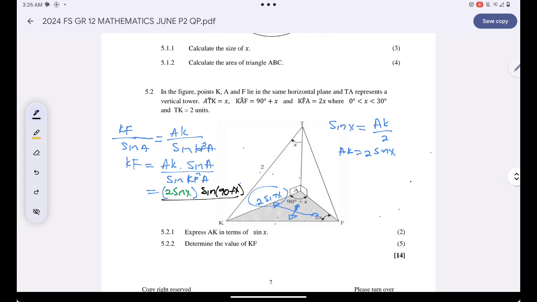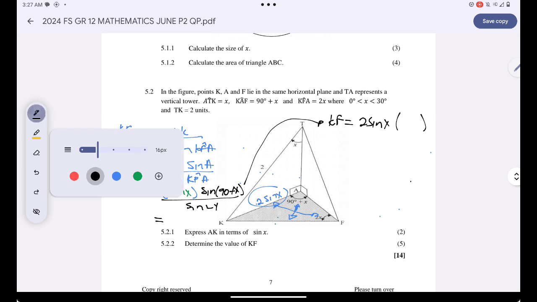This is all divided by sine 2x. May I continue on the other side, please and thank you. Okay, so therefore KF will be equal to 2 sine x.